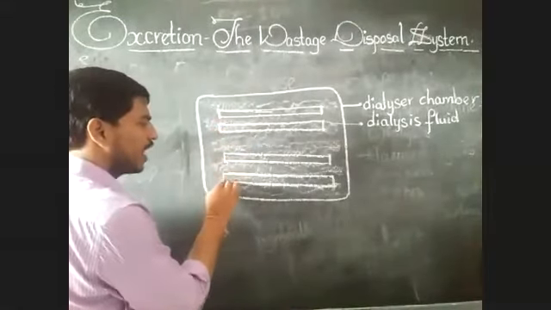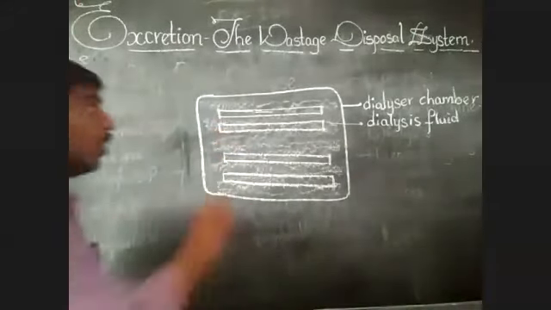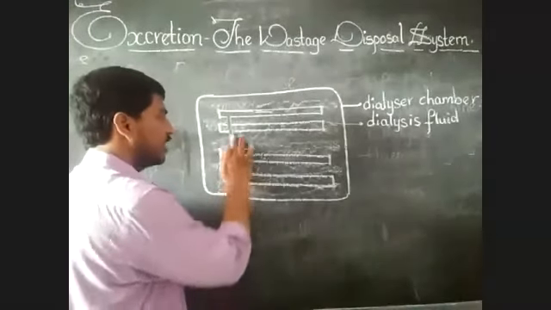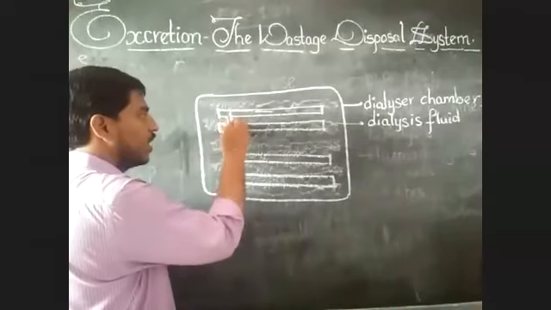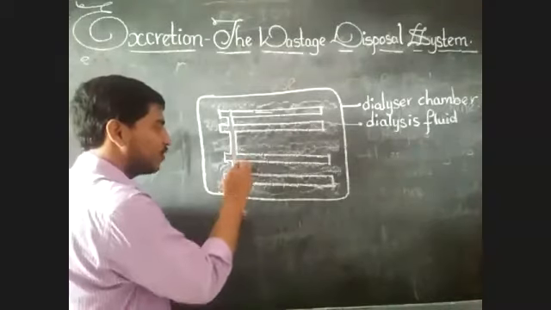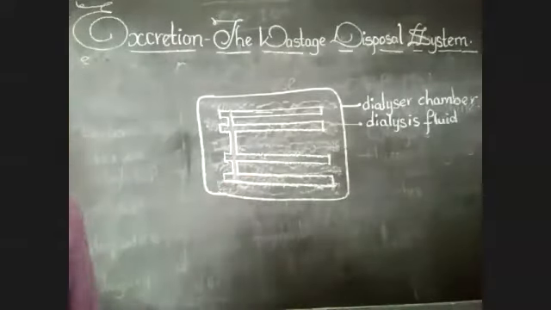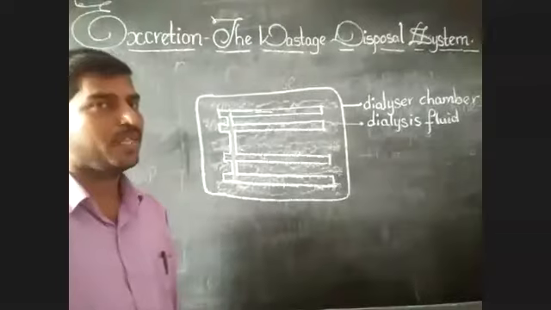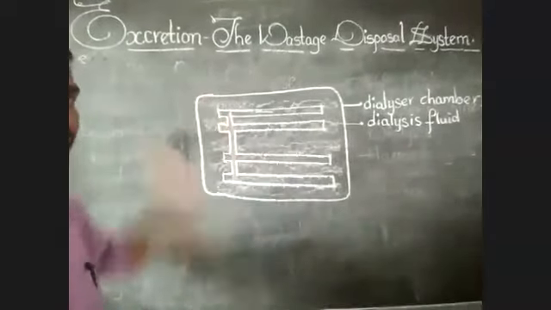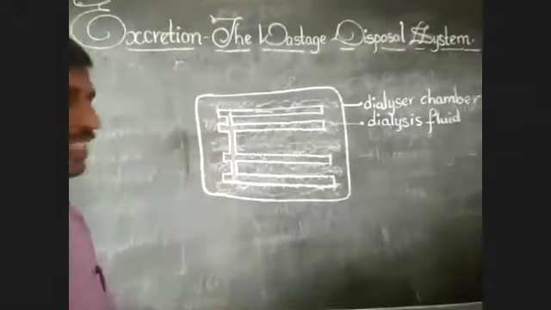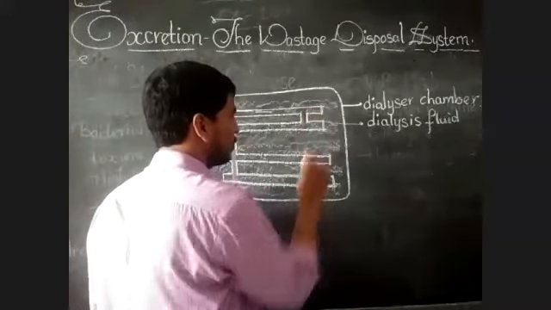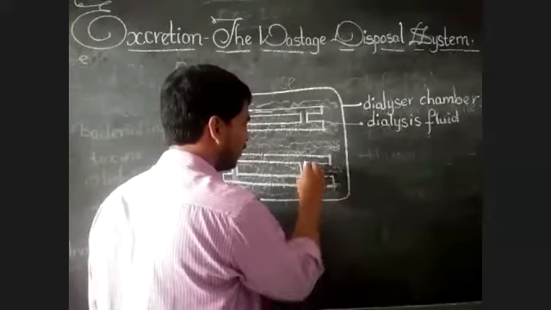You studied in class 9 what semi-permeable membranes are. They are membranes which allow selected substances to pass in or out. All these tubes are arranged parallelly and are interconnected with each other. These tubes are present in the dialyzer fluid.